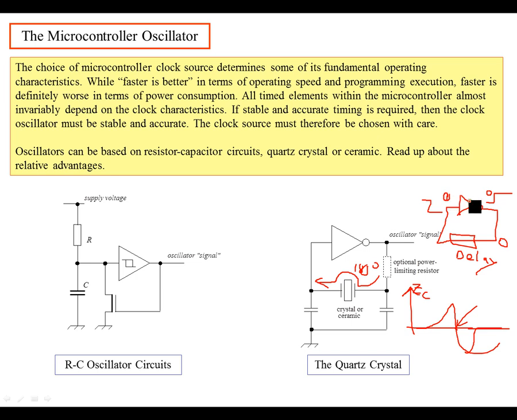Now this 0 is going to pass through again with a delay, which is going to try to create a 1. This one's going to feed back here with a delay to another 1, which is going to try to force this again to a 1, and then the cycle is just going to keep repeating over and over again.